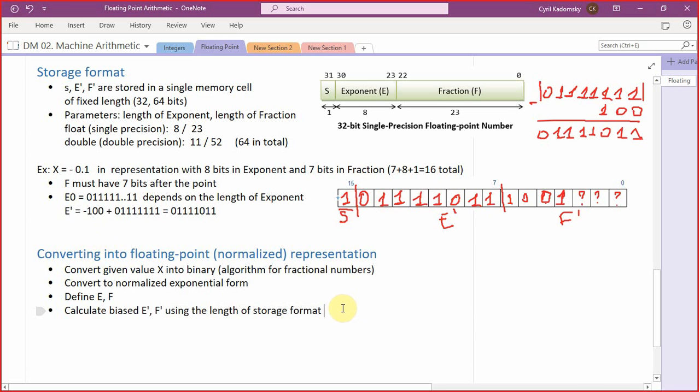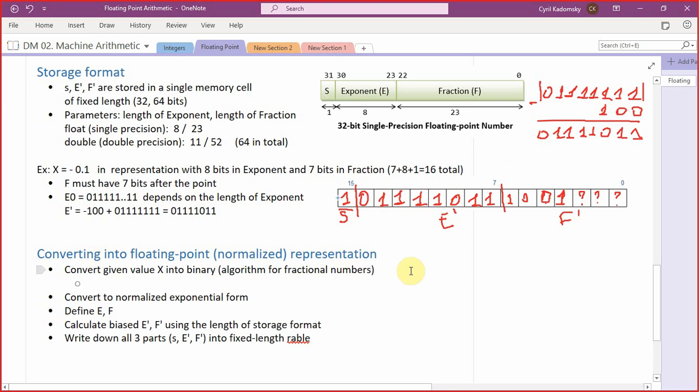Okay, and finally write down all three parts, that is sign, exponent and fraction, both biased, into a fixed length table, like we did here. And let's illustrate this algorithm once more with an example.